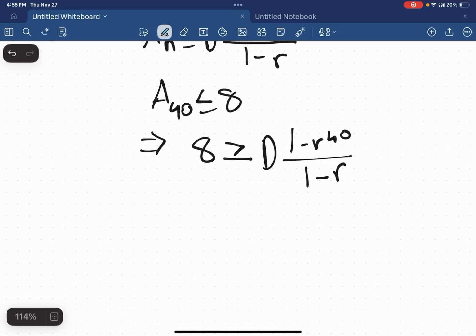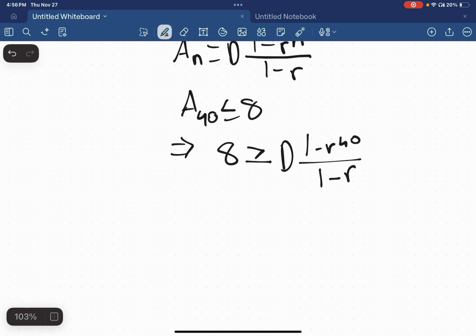And since we're trying to find the amount of drug in his body, or shoot, what am I? Oh no, I'm getting mixed up in my words here. Oh yeah, okay. Evaluate the maximum amount.